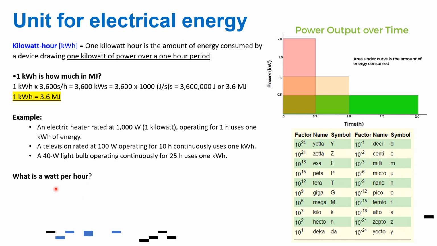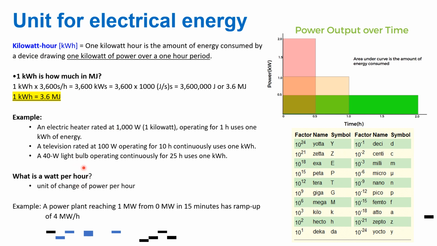But what is the difference between this kilowatt hour and watt per hour? So it's basically different, of course. When you say watt per hour, it is basically the change of watt per hour. So this is the unit of change of power per hour. So a power plant reaching 1 megawatt from 0 megawatt in 15 minutes has a ramp up of 4 megawatt per hour.